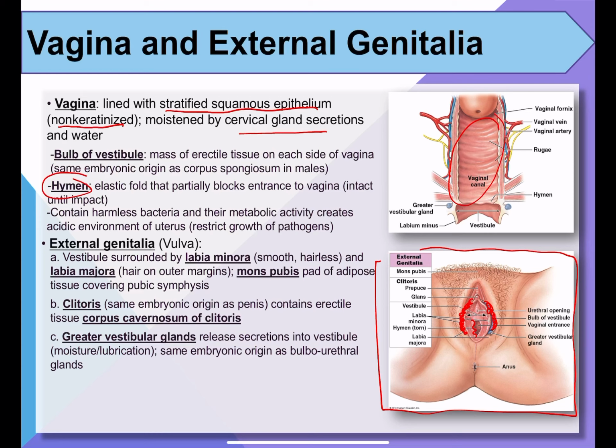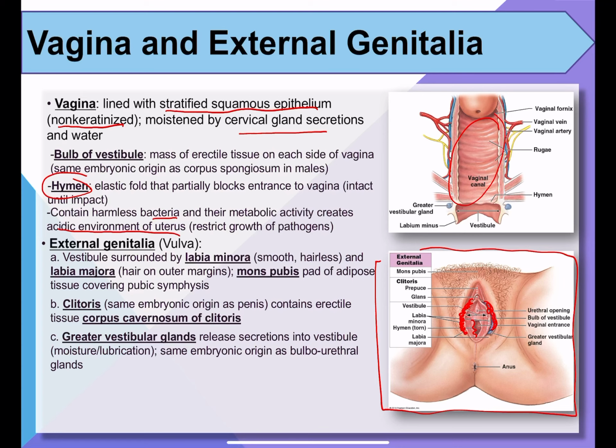Okay, now inside the vaginal canal, technically speaking, there should be harmless bacteria, and their metabolic activity is what's going to create the acidic environment. The uterus and the vagina are a very important place for a baby to be formed, and hence we cannot afford for it to become infected.